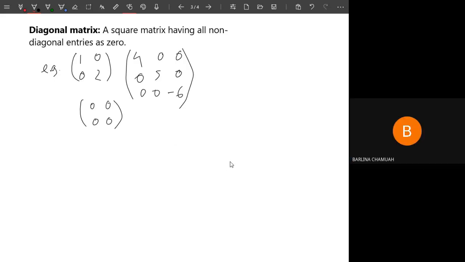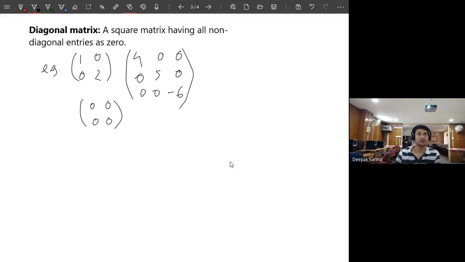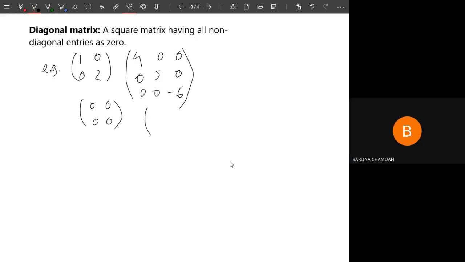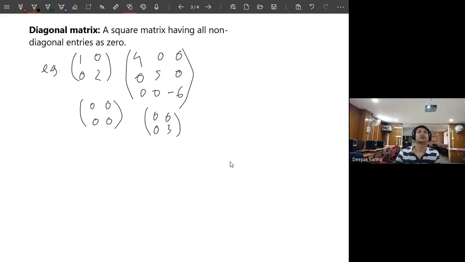No, sir. Those who said no, I would like to know the reason. Why do you think that it is not a square matrix? Sir, because in the definition it is mentioned that all non-diagonal entries should be 0. Yes, fine. So in the definition, it is mentioned that all the non-diagonal entries are 0, isn't it? Here, all the non-diagonal entries are 0. So what's the problem?